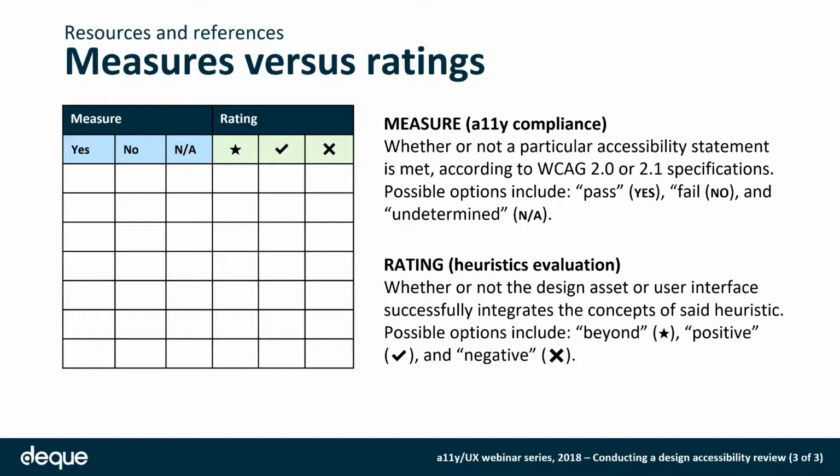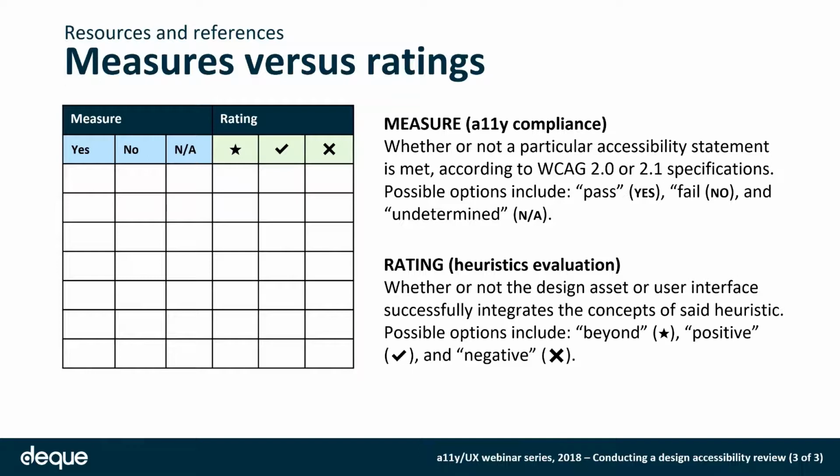And that would be your check or X columns. Oftentimes, we also find another column, sometimes portrayed with a star, like you can see on the screen, or other things. And that one is when you actually go beyond simply meeting the spirit of that heuristic.